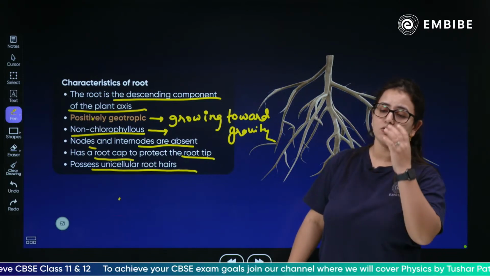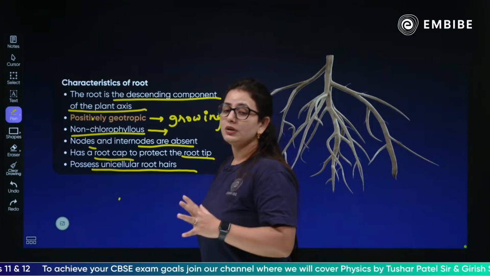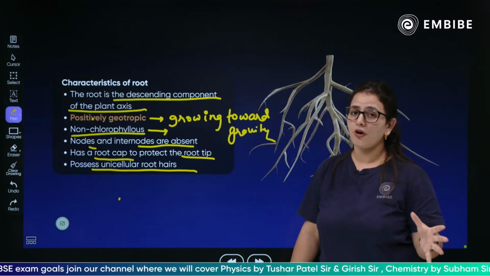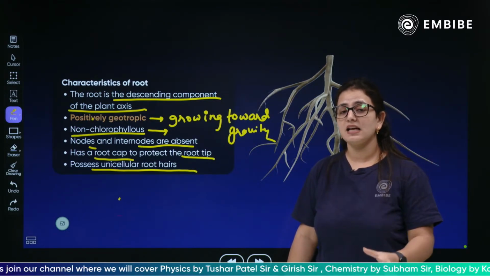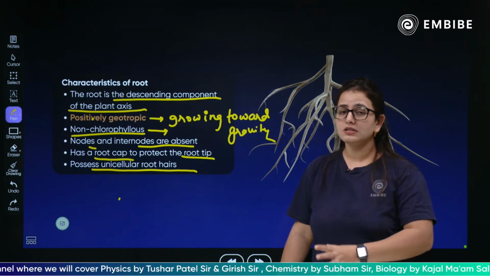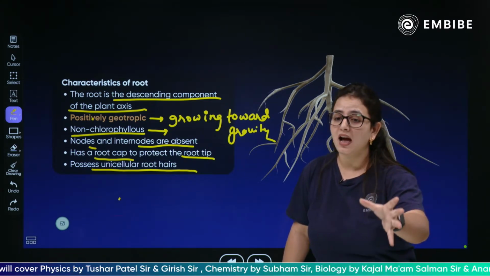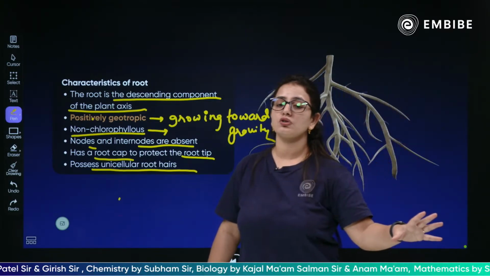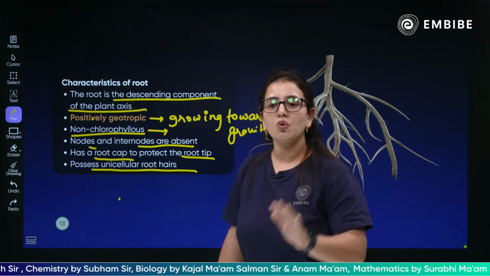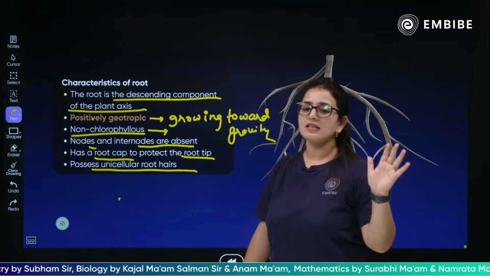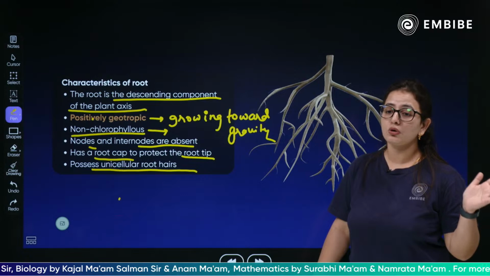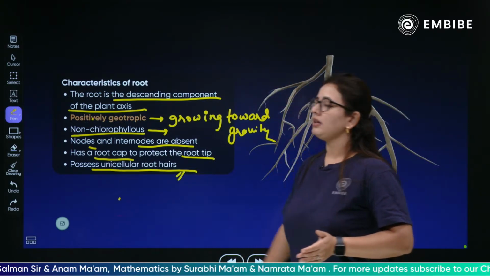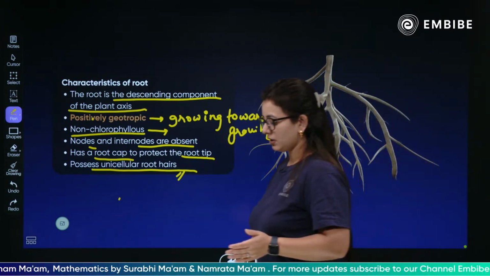The roots are the descending component. They are positively geotropic; gravity acts as a stimulus, and the root grows towards gravity. Non-chlorophyllous, it is not involved in photosynthesis. It does not have nodes or internodes. It has a root cap which protects the root tips, and they have unicellular root hairs. So all these are the characteristics of the root.